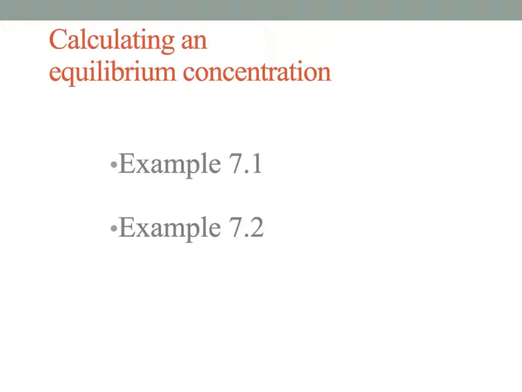Okay, so we should remember this from back in the day. Your PChem book doesn't really go into providing a whole bunch of examples of this, so I'm going to give you 2. But basically, just to remind you of how we would use this information to calculate an equilibrium concentration is what we're going to do next.